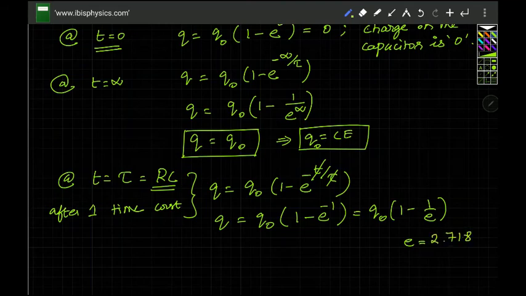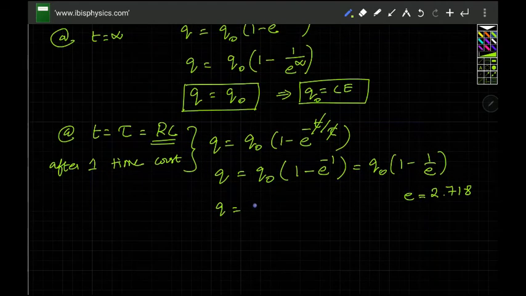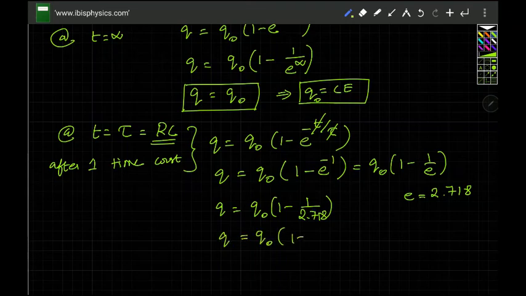We know the value of e, 2.718 something. So Q is equal to Q naught into 1 minus 1 by 2.718, which is 0.37. Q is equal to Q naught into 1 minus 0.37, so Q is equal to Q naught into 0.63.